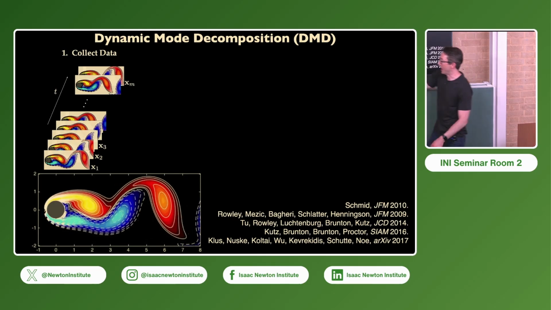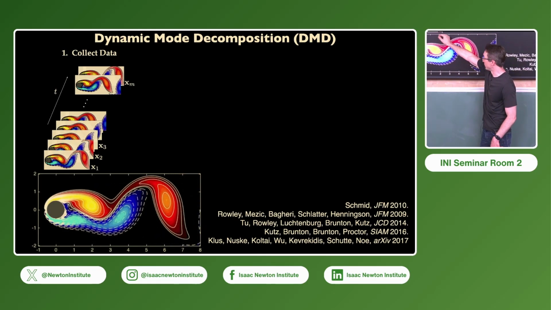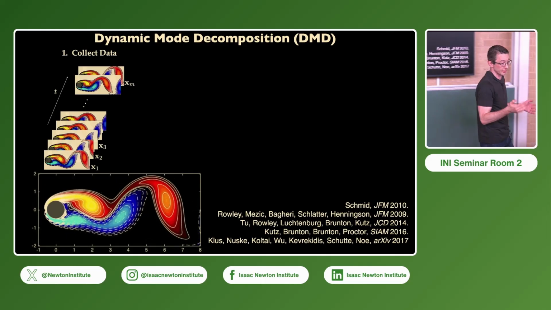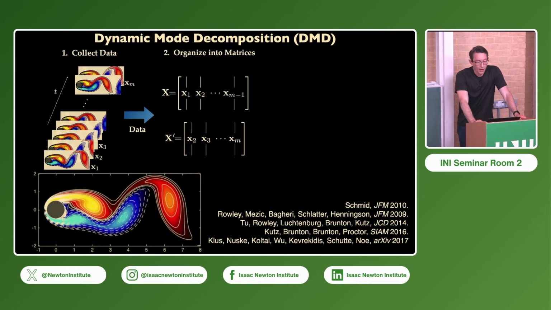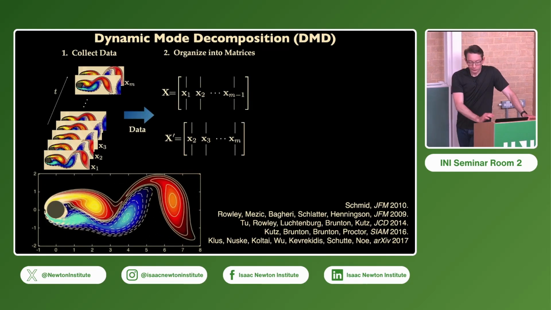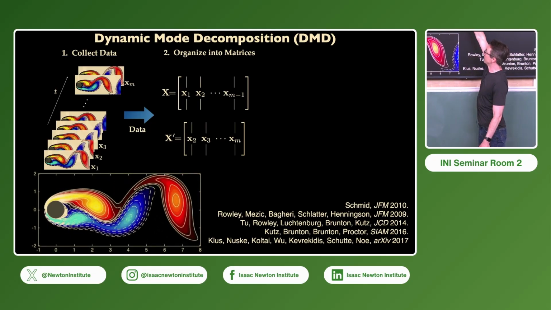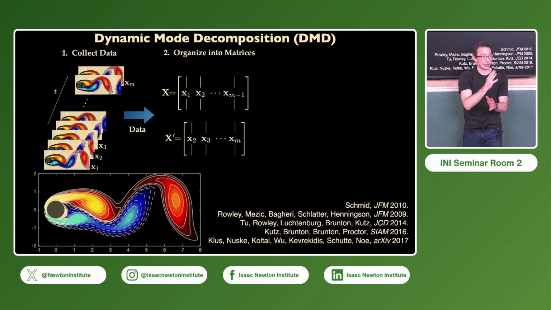Okay, so x1 is 100,000 numbers, x2 is 100,000 numbers. These are tall, skinny vectors. That's how I think about it. And so the idea is, can I stack my data into 2 large data matrices, X, where every column is a snapshot of my system evolving in time. The subscript here is just an index for time.